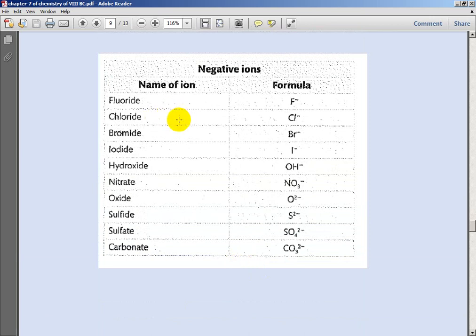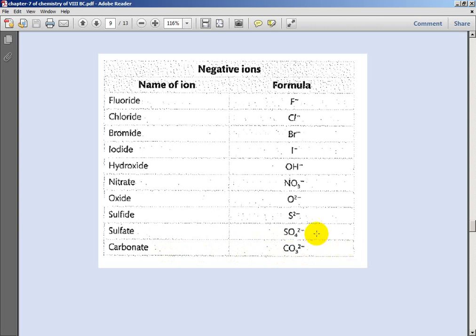Fluoride F minus, chloride Cl minus, bromide Br minus, iodide I minus, hydroxide OH minus, nitrate NO3 1 minus, oxide O 2 minus, sulfide S 2 minus, sulfate SO4 2 minus, carbonate CO3 2 minus.